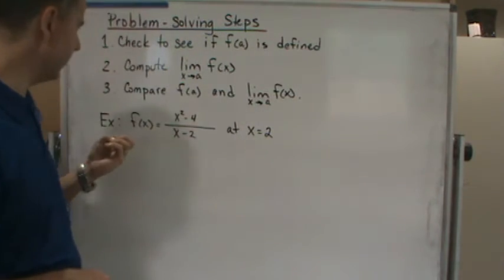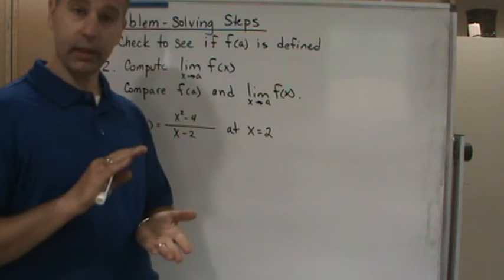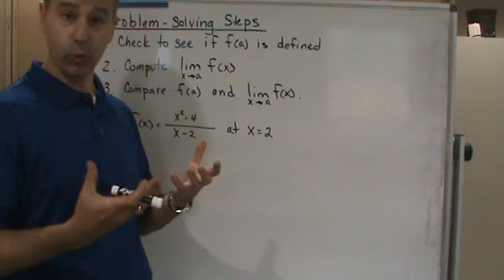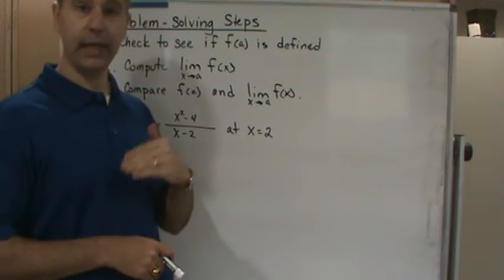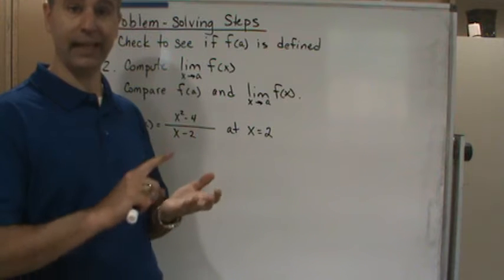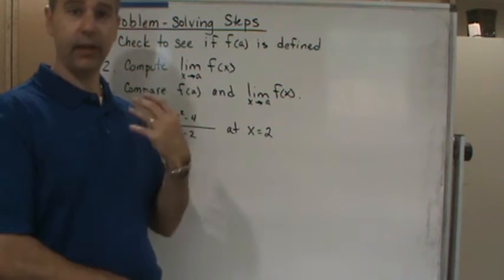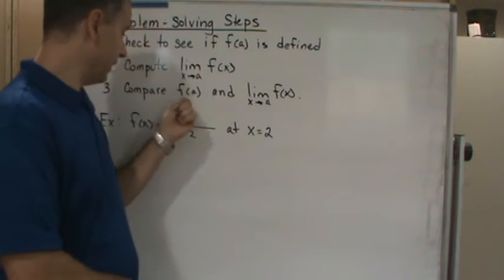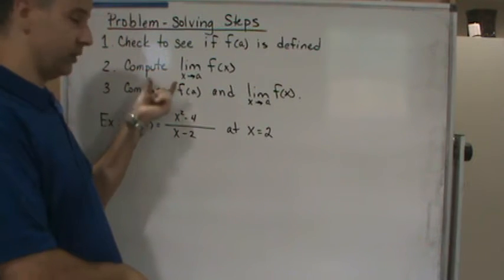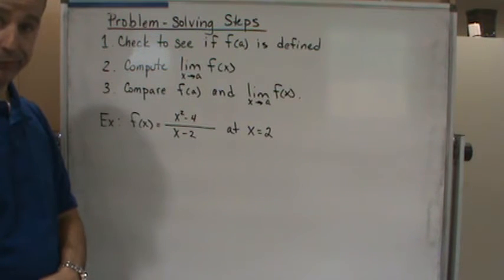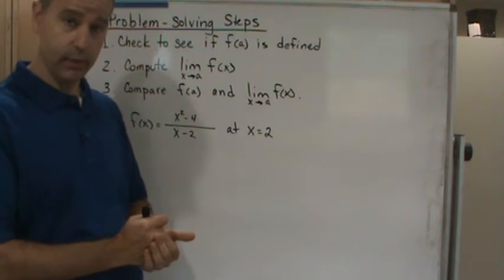If you compute the limit and the limit exists, meaning you get a real number, then you go on to the third condition. If it doesn't exist, or you get an infinite limit where there's an asymptote, let's say, then that tells you that the limit is not a real number, therefore it fails condition 2. And you're done. Then you know it's discontinuous.